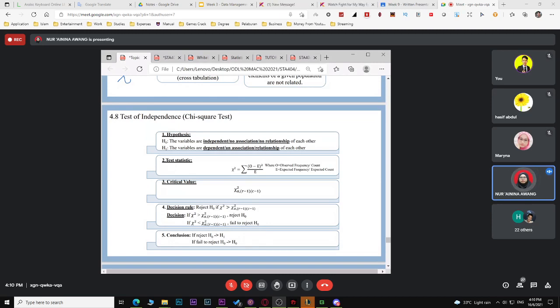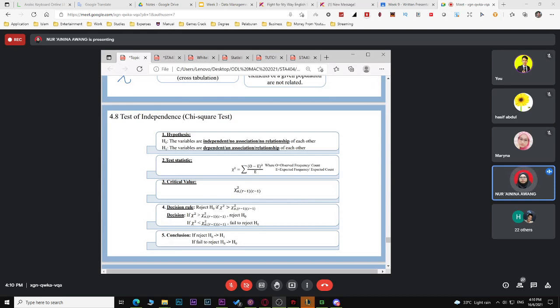Okay, if the question asks whether the first variable has a relationship with the second variable, even though the question asks about a relationship, in your H null you still write the first variable has no relationship to the second variable, and then your H one, the first variable has a relationship to the second variable.